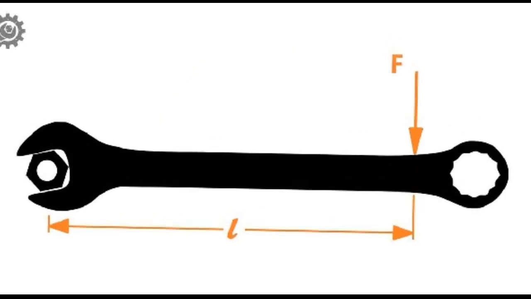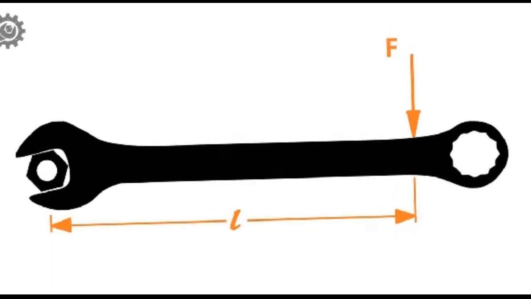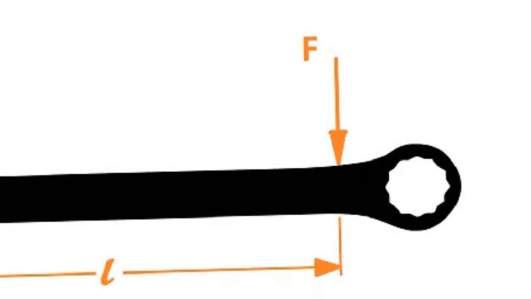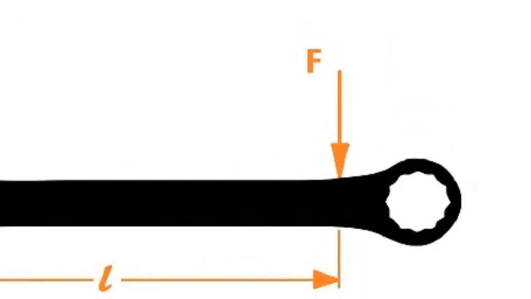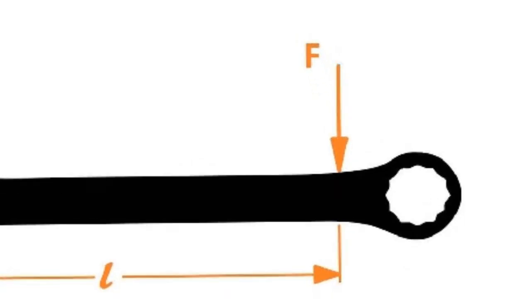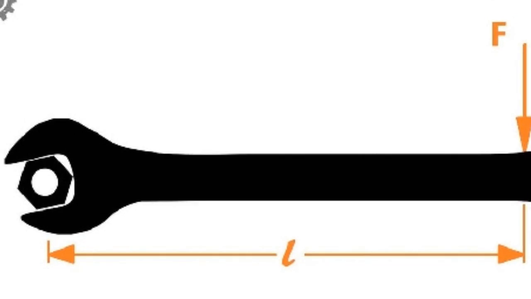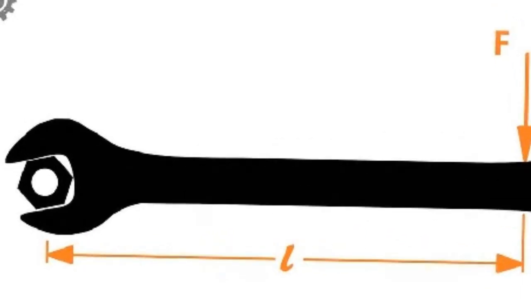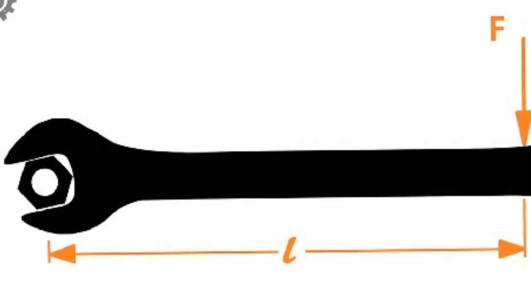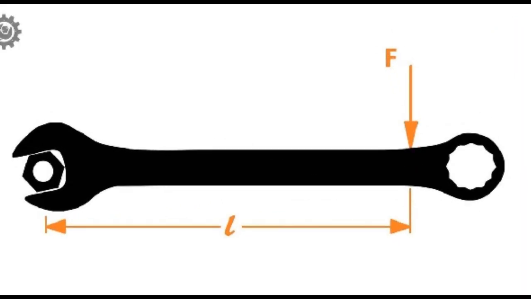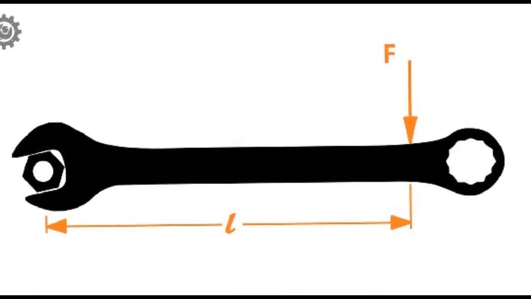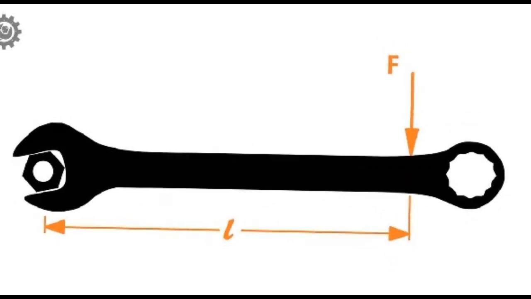To understand how a moment works, let's take a simple example using a wrench. In this image, the force represented by the downward arrow F is applied to the end of the wrench. The distance between the point of force application and the pivot point, known as the lever arm, is labeled as L. When a force is applied at a distance from the fixed point or screw here, it causes a rotational effect, which is the moment.